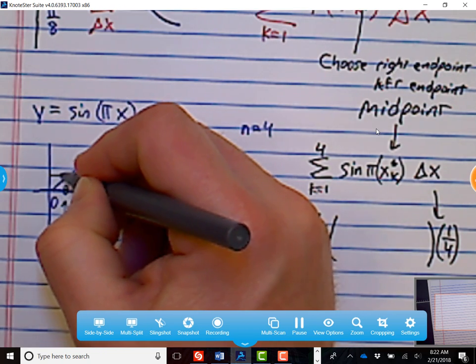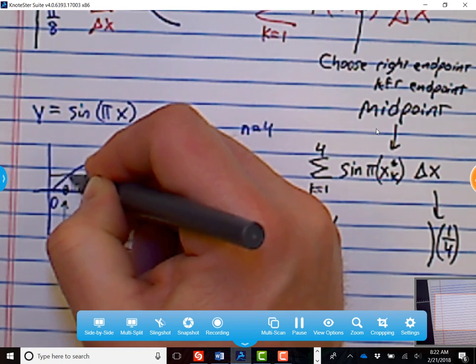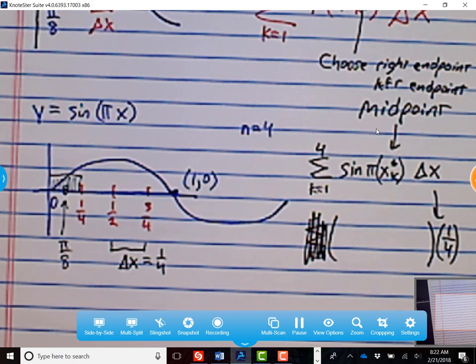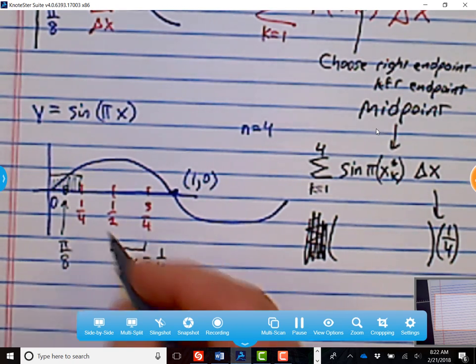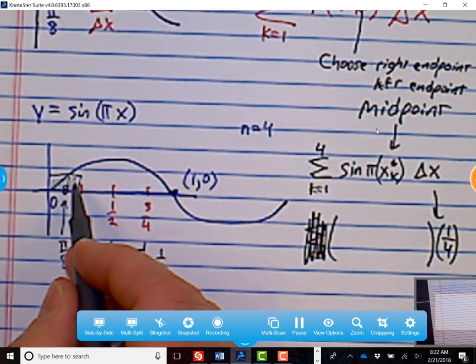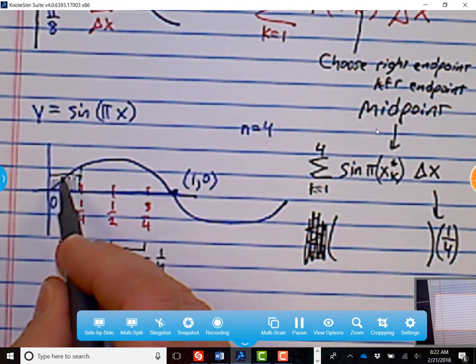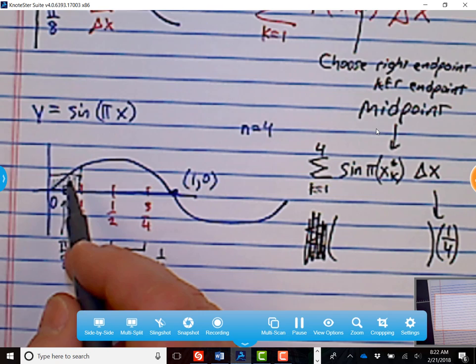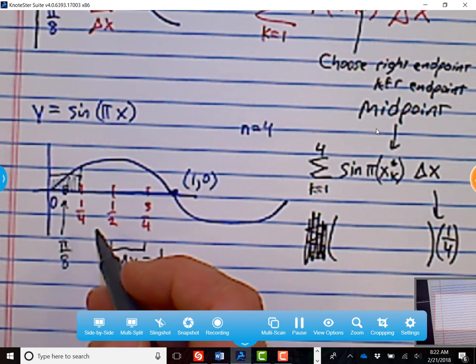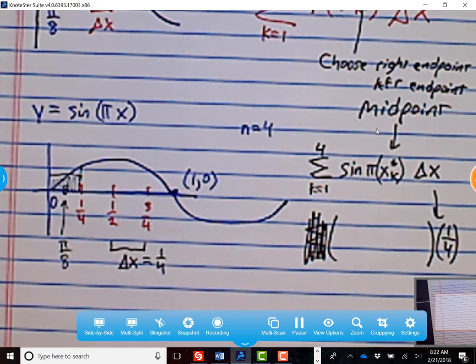And so I'll say, okay, this is my rectangle. And what's nice about using the midpoint is that you have some error on the left, too much, but you also have some error on the right, too little, right?